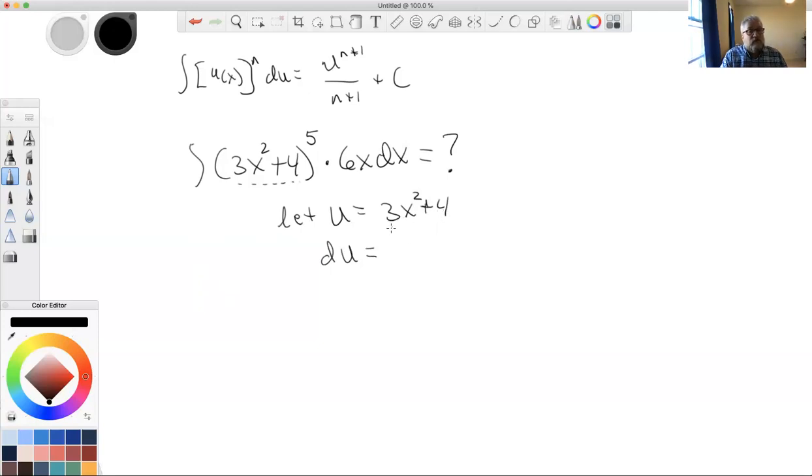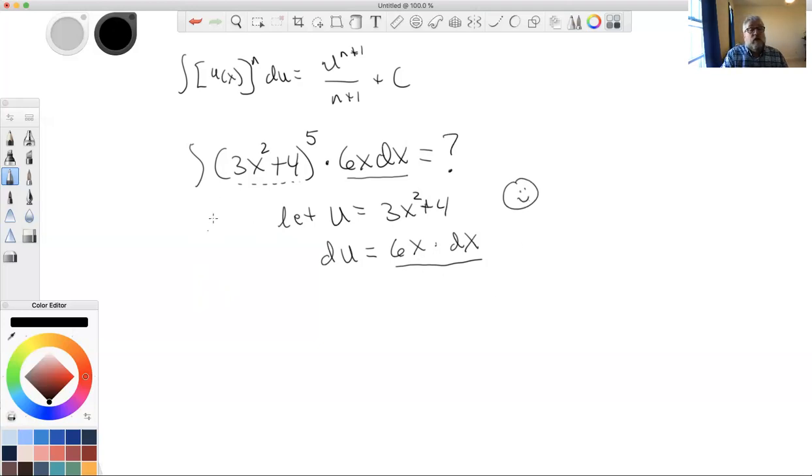The 2 will come out front: 6x, the derivative of 4 is 0, times dx. Now we look, do we have this in the problem up above? And the answer is yes, we do.